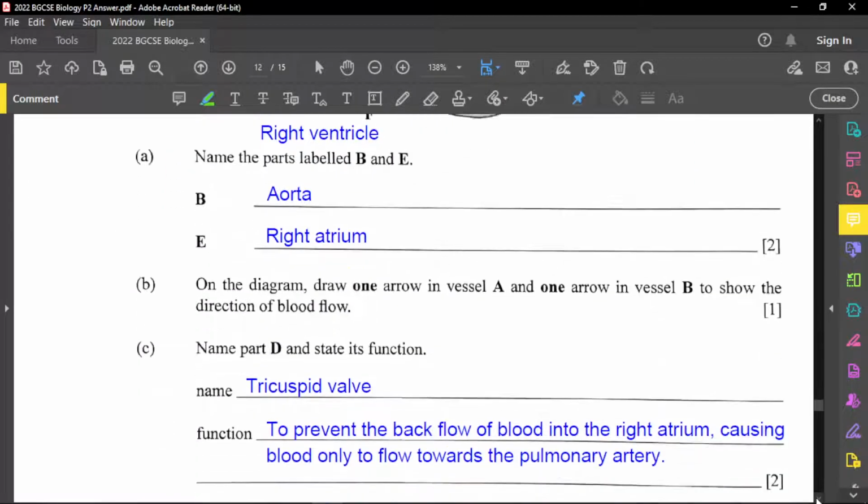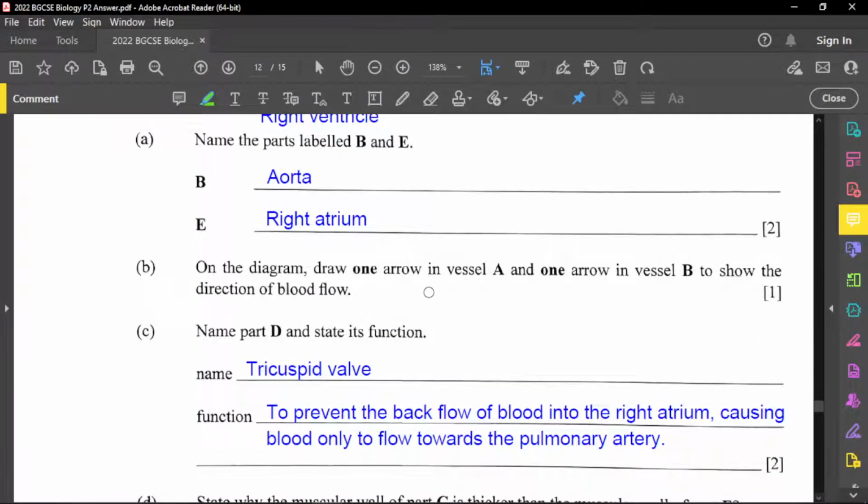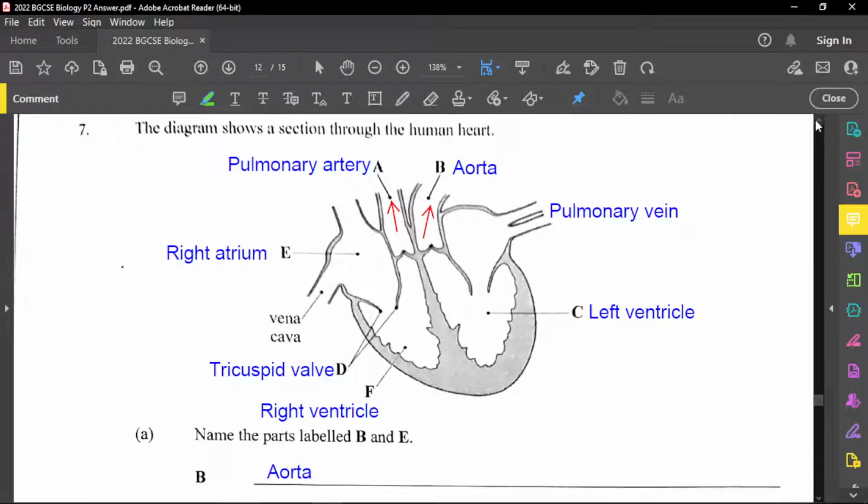Now for part B, on the diagram, draw 1 arrow in vessel A and 1 arrow in vessel B to show the direction of blood flow. Let me go back to that to show you. Notice both of them are going out, because what we should know is that blood enters the atrium, then goes into the ventricle, and then goes all the way out through the arteries.